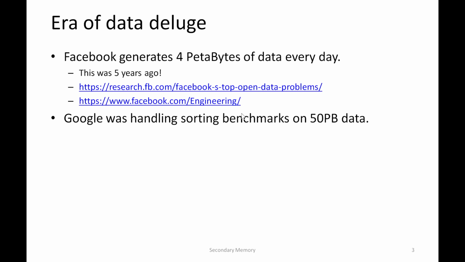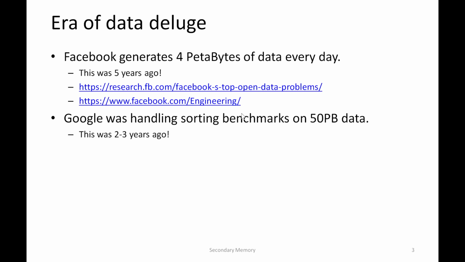Another example is Google. The typical Google search can be a very good example, and Google has been handling sorting on huge amounts of data, which is again in petabytes.